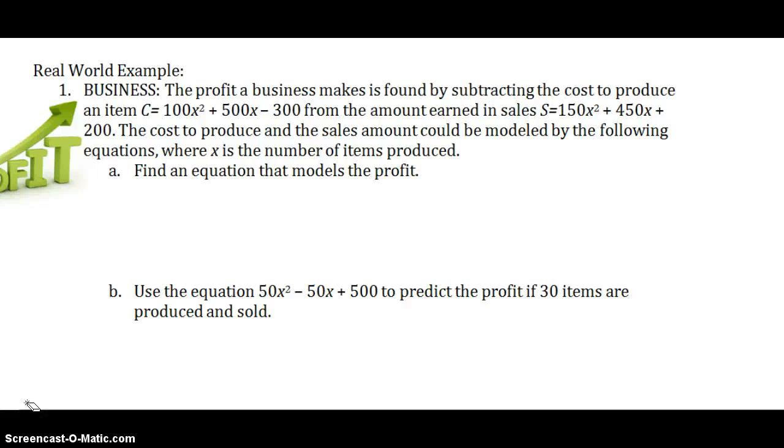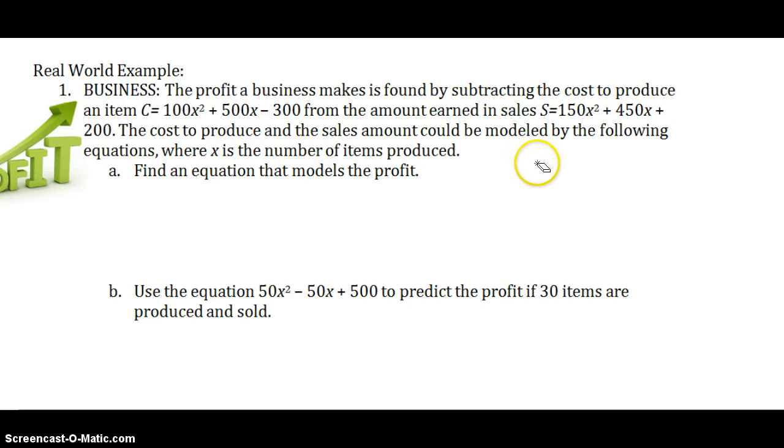The profit a business makes is found by subtracting the cost to produce an item, which is this long polynomial, from the amount earned in sales, which is another polynomial. So let's listen to that again. Profit is found by subtracting cost from sales.